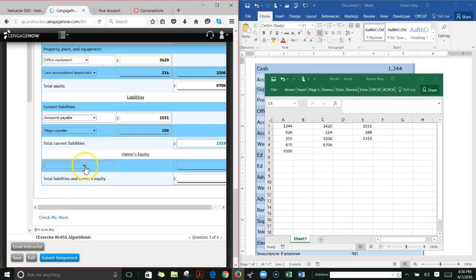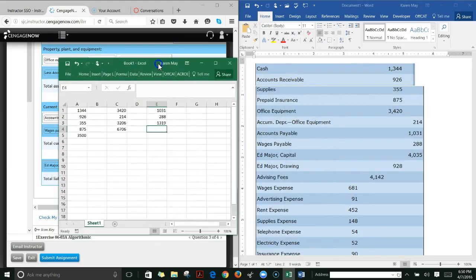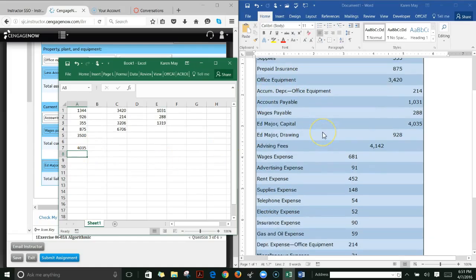Then I go down here and I want to put in my capital account. I do have to do some calculating for this one. My capital started out with 4,035. And the things that have affected it this month are my net income and also the drawing.